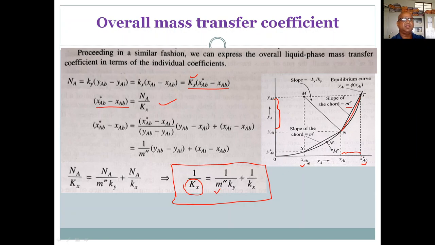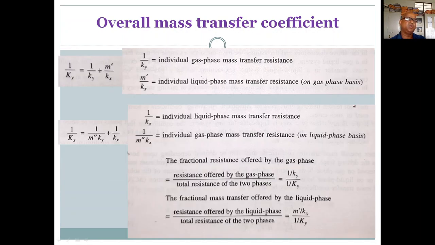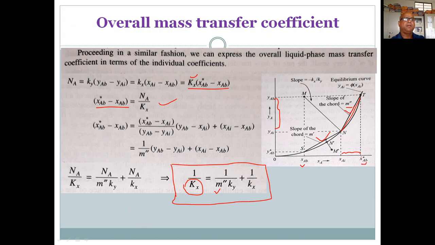For gas phase, that was the slope m dash, and in this case the slope is this. Because here a different slope is there, M dash and M double dash, because I have taken the equilibrium curve generic, the slope is changing.